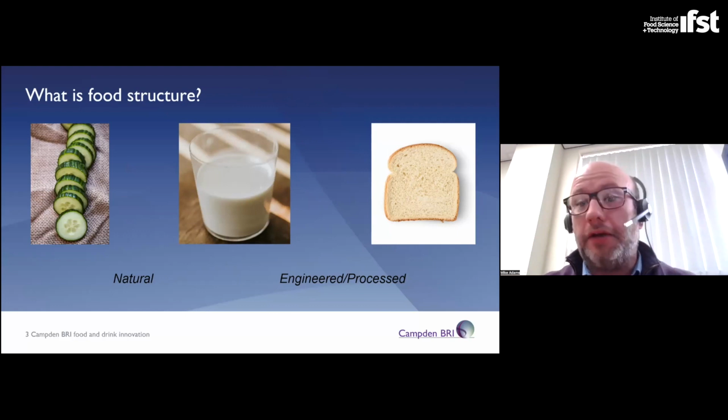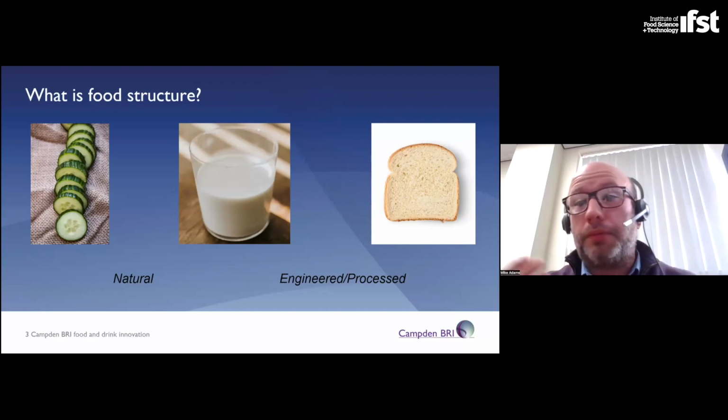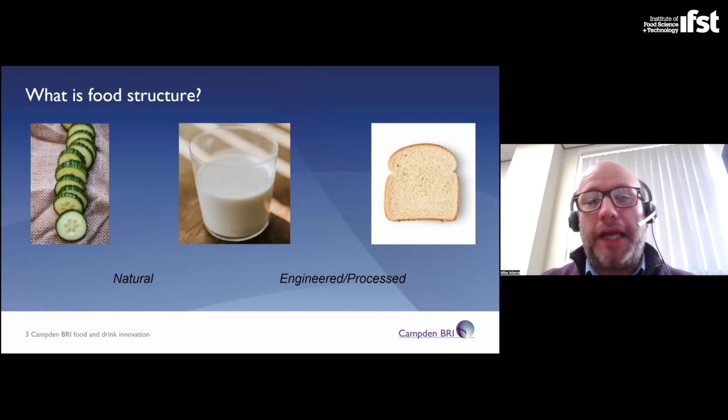So here, a cucumber, often eaten raw, therefore the structure that a consumer is experiencing there is entirely natural, no engineering or processing involved. Milk is an example of a natural structure, but also an example of an engineered or processed structure. So emulsions can be natural, obviously like milk, but also can be engineered and processed.